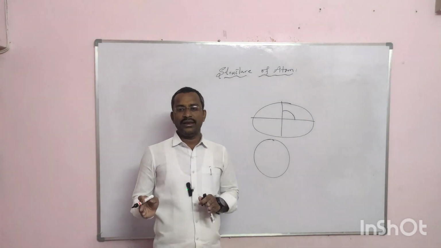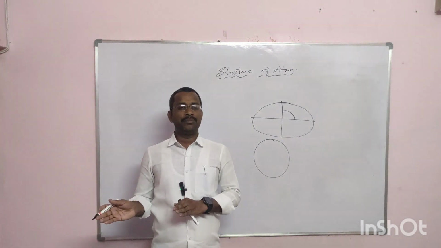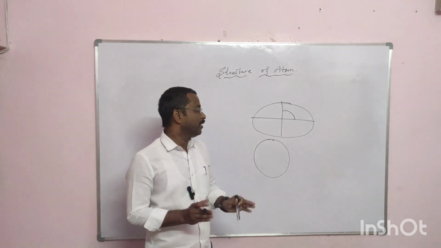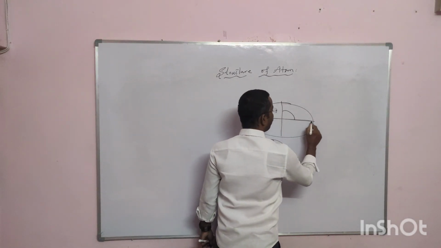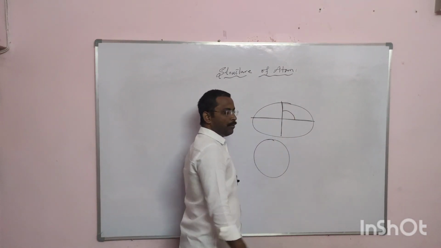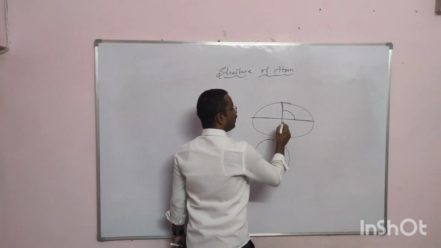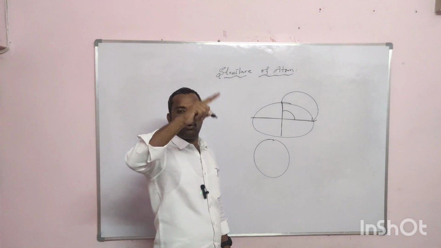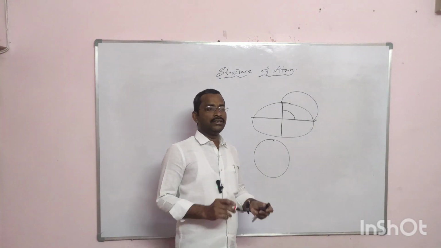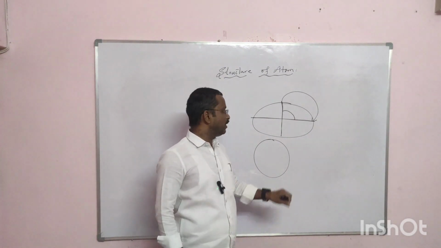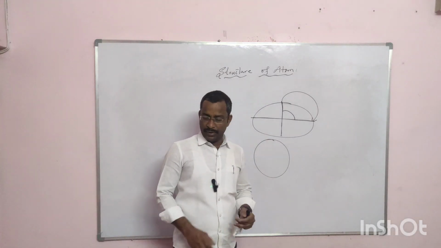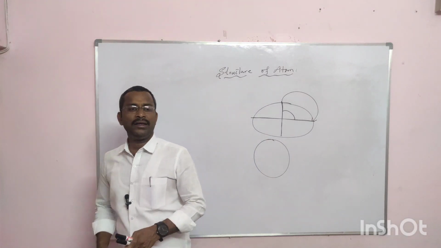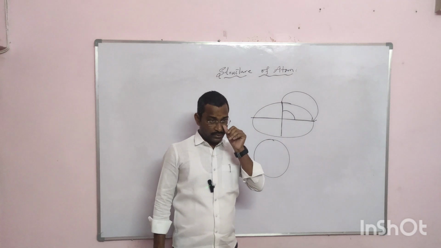By changing the energy, the elliptical shape can be converted into a spherical shape. There will be a major axis and a minor axis, so that continuously by changing the energy, the major axis becomes like the minor axis and the whole becomes a spherical shape. This is what Sommerfeld said.